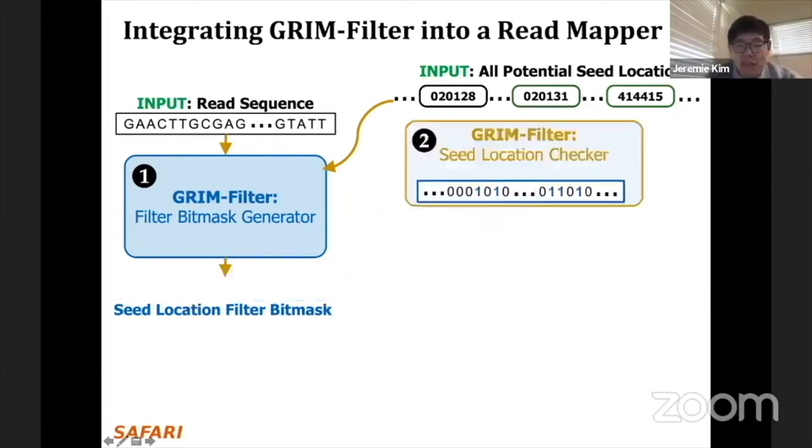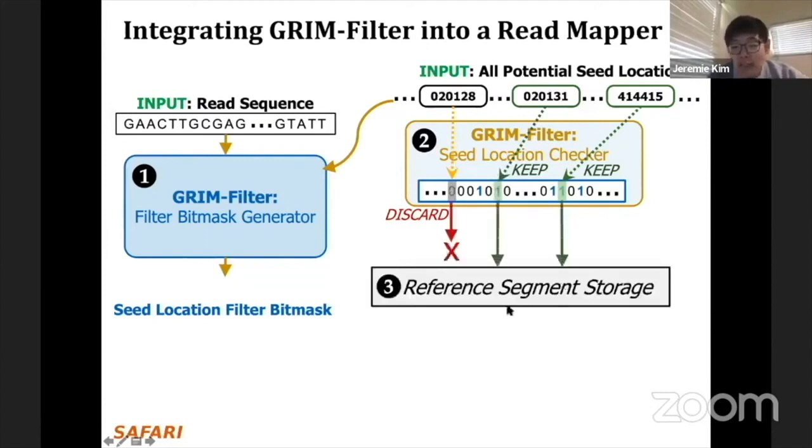So we send this bit mask over to a seed location checker, which compares it to the potential seed locations, and only passes on the seed locations that actually pass this seed location checker, which is basically the indices that have a 1. Any that has a 0 is basically discarded.